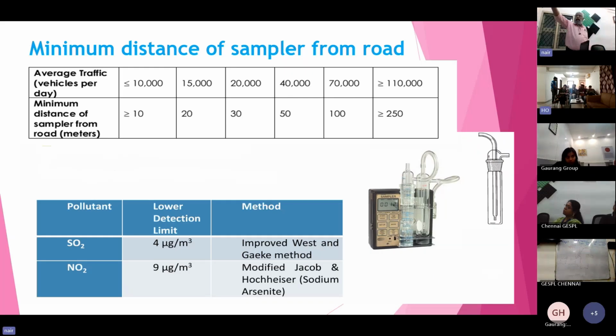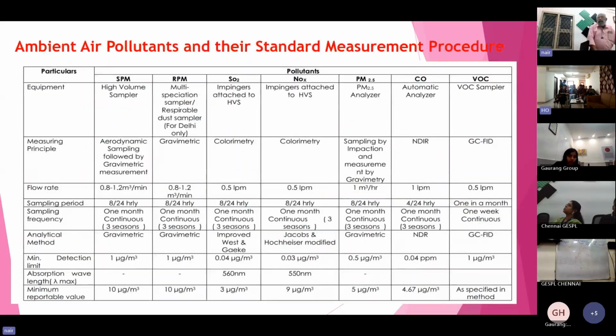Another point I have given is the lower detection limit for pollutants SO2 and NO2. This is important. Here I have given the minimum detection limits: SO2 and NOx are 0.04 and 0.03 microgram per cubic meter, and PM2.5 is 0.5 microgram per cubic meter.